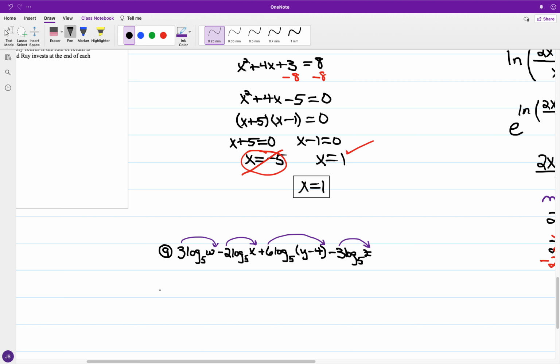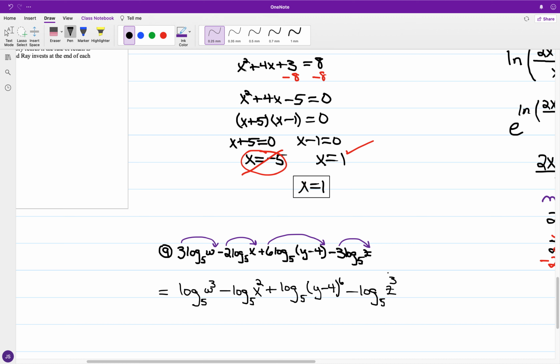And so in the rewrite, first of all, we have the base 5 logarithm of w to the 3rd. Next term, we'll have the negative of the base 5 logarithm of x squared, plus the base 5 logarithm of y minus 4 to the 6th, and minus the base 5 logarithm of z to the 3rd.